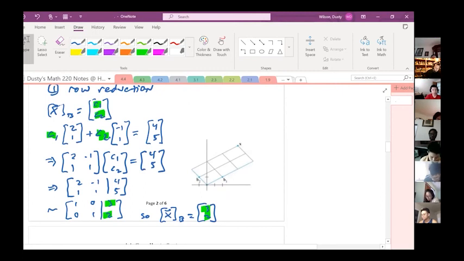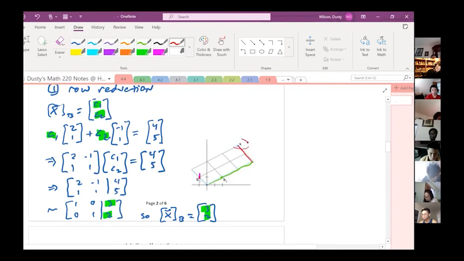Graphically, the 3 is telling us how far to go in the B1 direction. So here's B1. We're going to go three spots in the B1 direction, so 1, 2, 3. And then here's B2, so we're going to go 2 spots in the B2 direction.